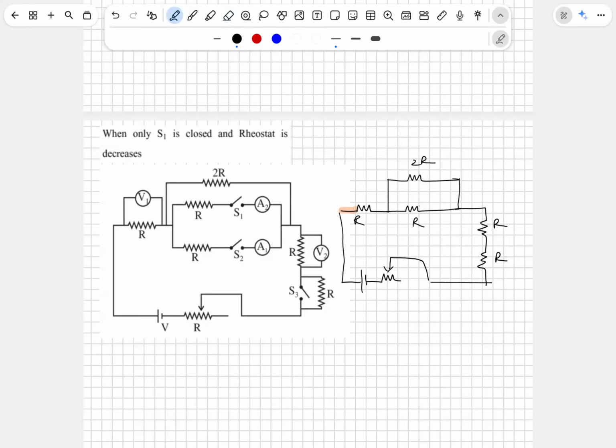What is the effective resistance? R. Let's see. Voltmeter is here, some current here, another voltmeter here.